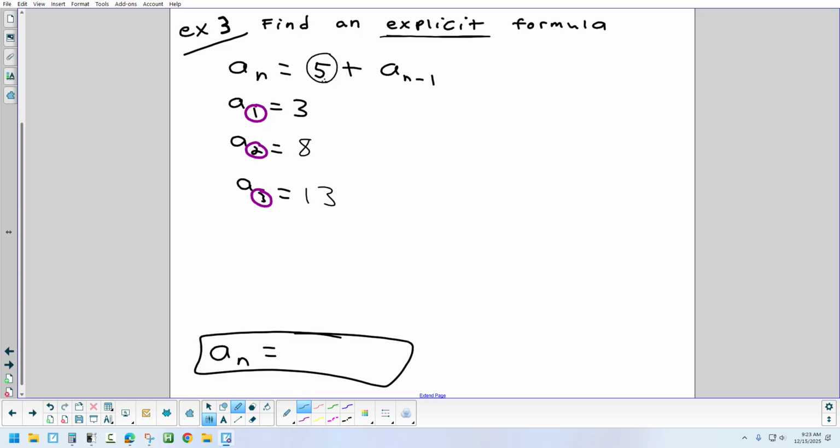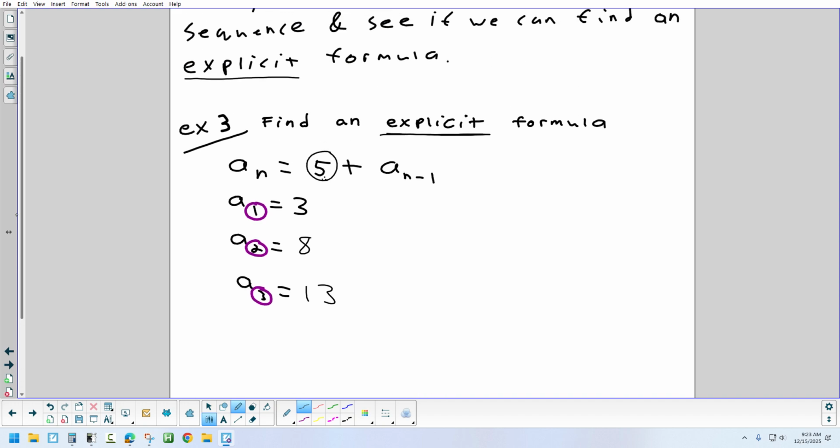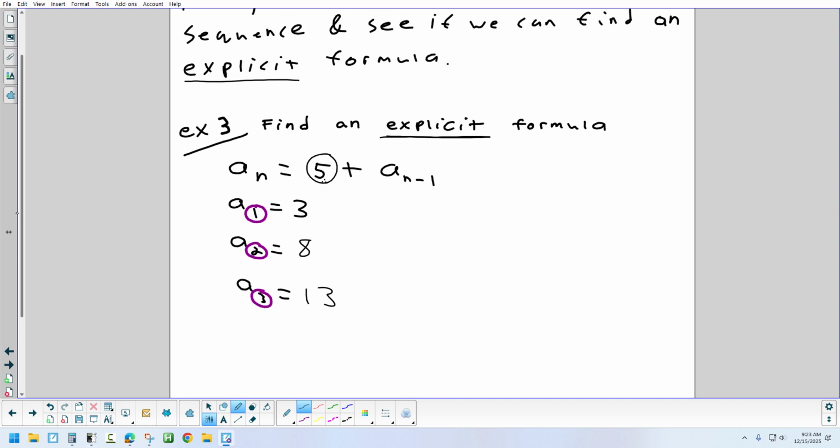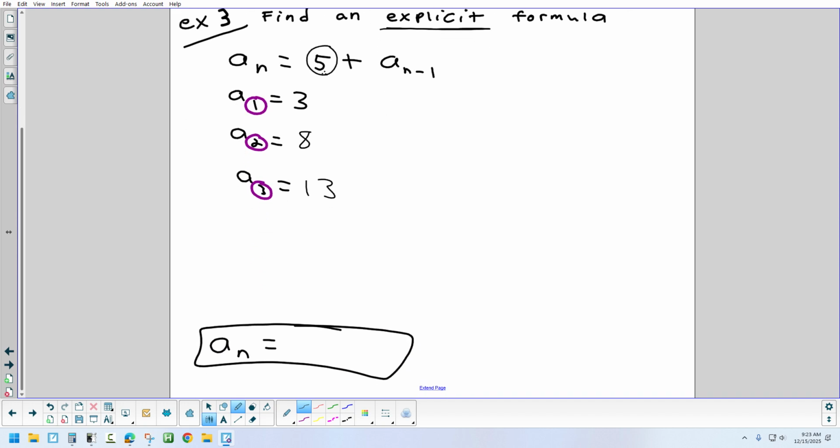I did the number circled in purple times 5 and then minus 2. Yeah, so the number circled in purple, we're going to call that n. That's the position that we're trying to find. So the nth term in our sequence, if you take the position, multiply it by 5, and then minus 2, 5n minus 2, that should be your formula.